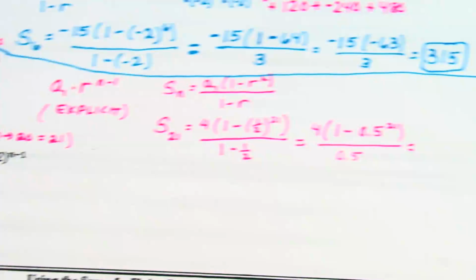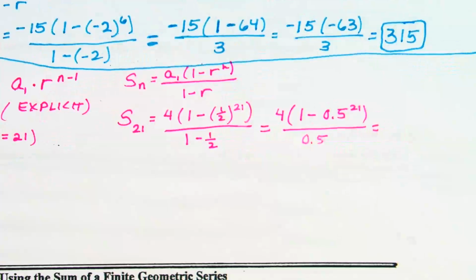So grab your calculator. Officially, it's the 0.5 to the 21st. Most of you would be best off going ahead and doing 1 minus 0.5 to the 21st. Using your parentheses, you could even do 4 times 1 minus 0.5. Again, I can enter this whole thing on my calculator as is, but you have to have confidence in how to use your calculator.